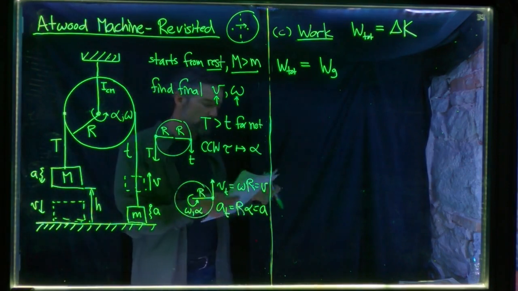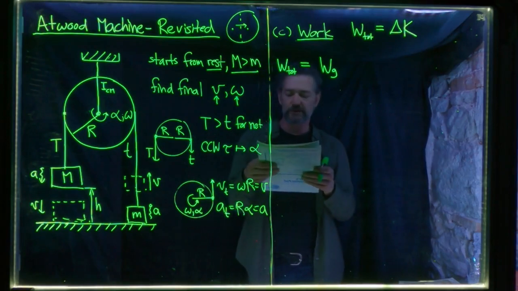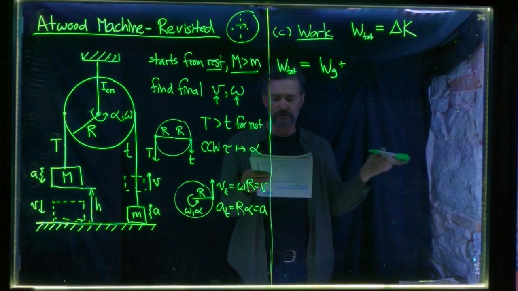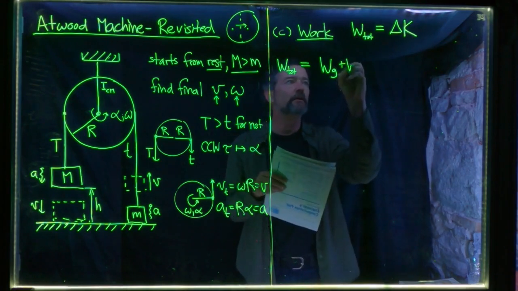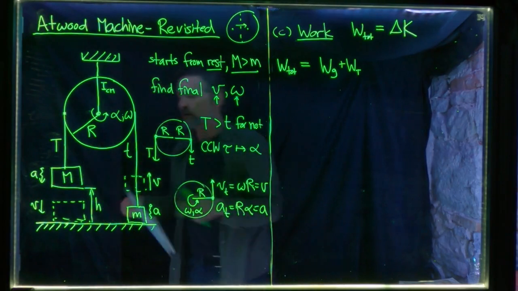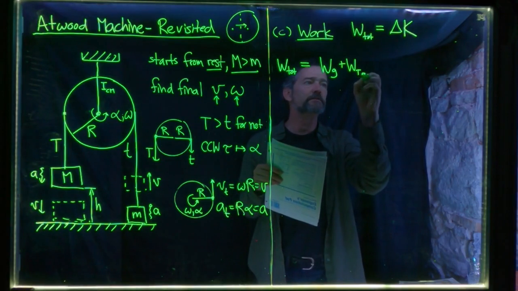So there's lots of forces moving through linear displacements or torques moving through angular displacements. So there's lots of work terms. There's the work done by the tension force T acting on big M as it goes through its displacement.